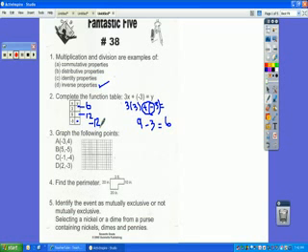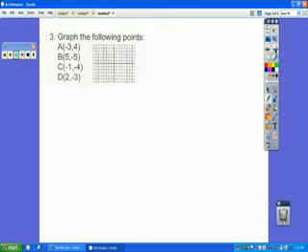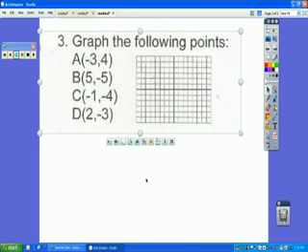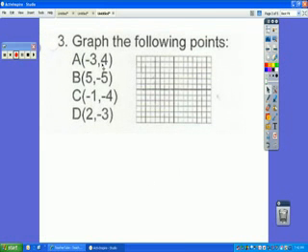Next, we are graphing. Graph the following points. We are working in quadrant 2, quadrant, let me write this down for you.